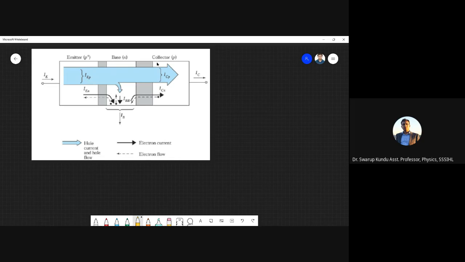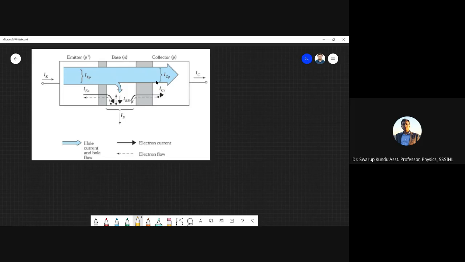Now let's come to the other junction. What will happen? Most of the holes will get into the collector region because the base width is small and their mean free path is more than the base width, so they can easily get into the collector. And the collector is already reverse biased. Reverse bias means this P side is connected to a relatively negative potential, right?